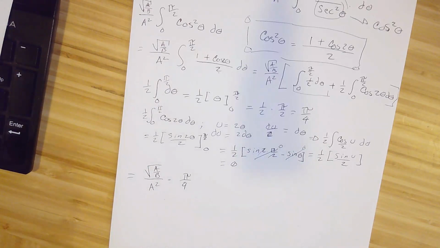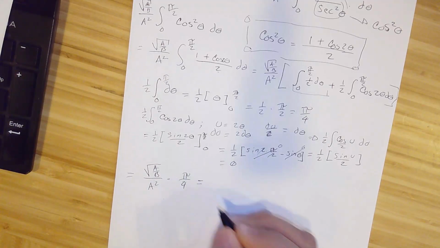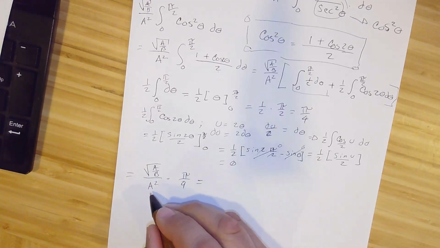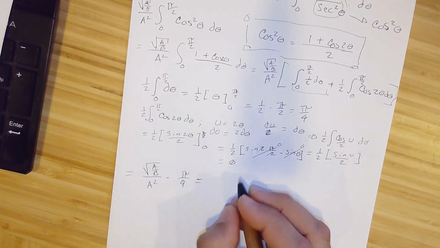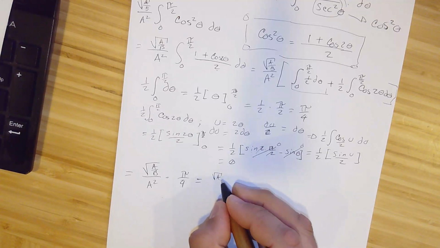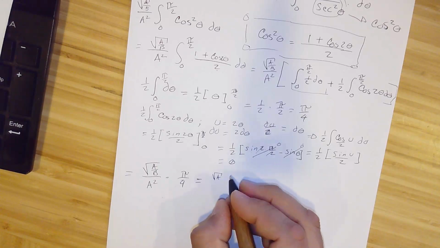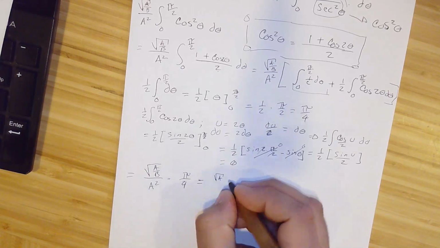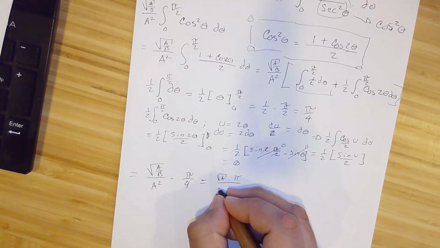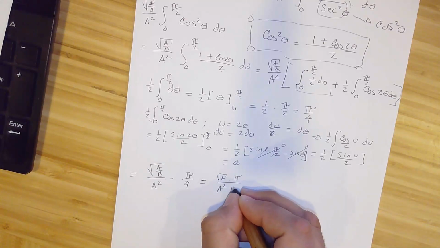But this looks awful. Let's simplify that a little bit more. Let's put this inside. We have the square root of a, right? And multiplied by pi over a squared square root of b.